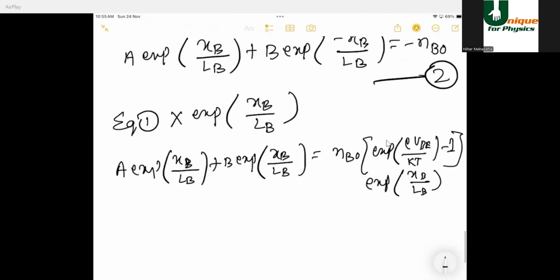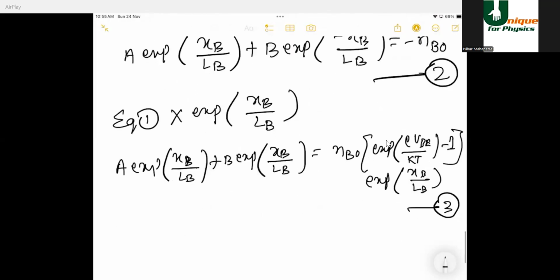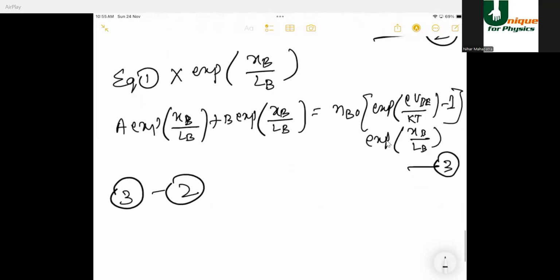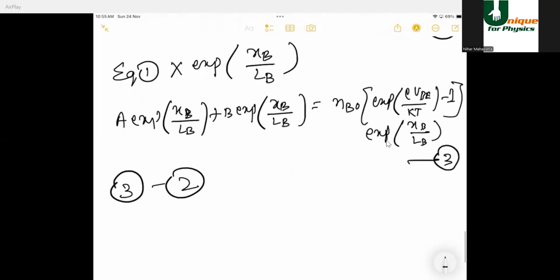This is what we got. Write it as equation 3. Then subtract equation 2 from 3 to determine the value of the constants.